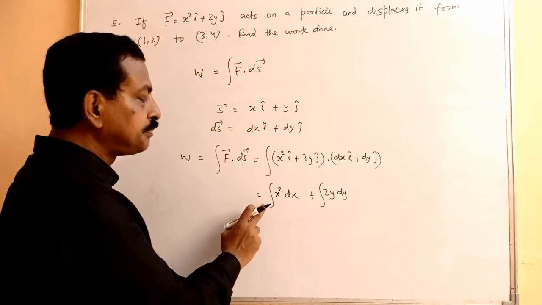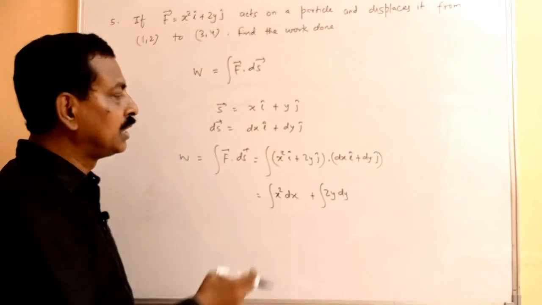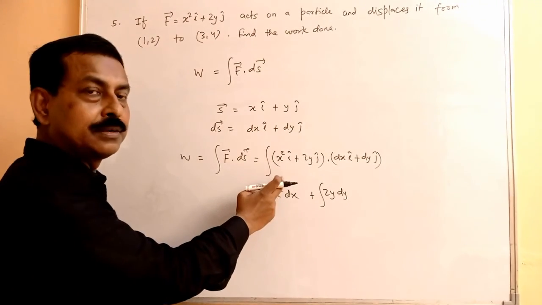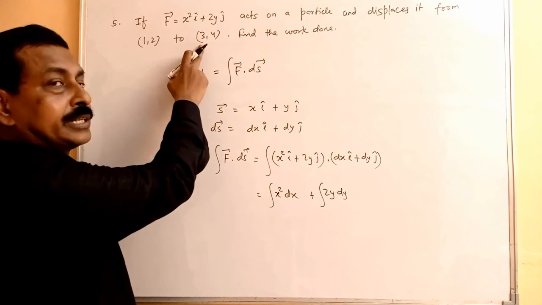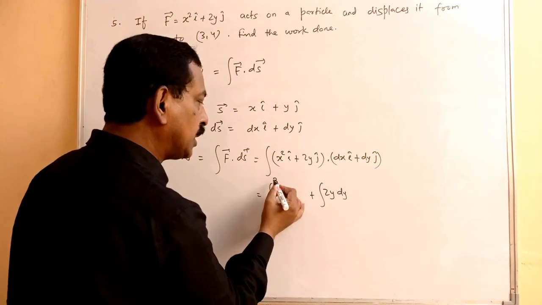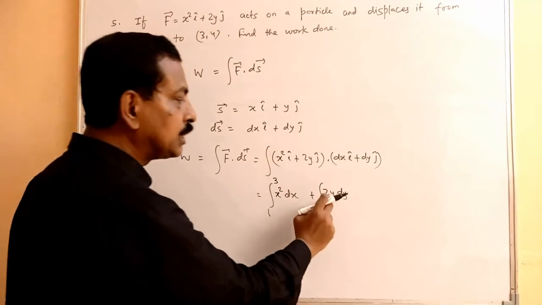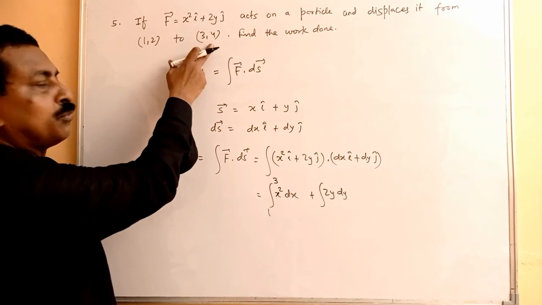But here you see, when you have to put the limit, what will we take as the limit there? This is the dx integral. So what is the variation for the x coordinate? It is from 1 to 3. So this limit will be 1 to 3. Here 2y dy is there, so it will be the variation in the value of the y coordinate.